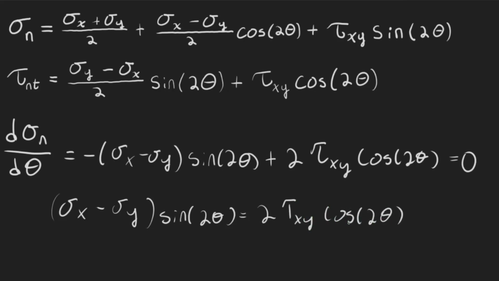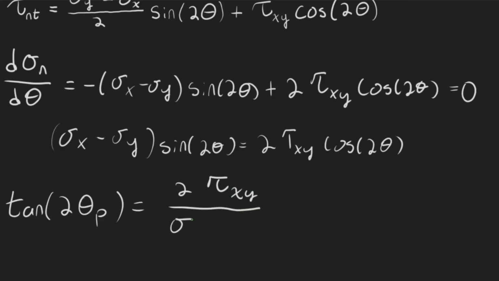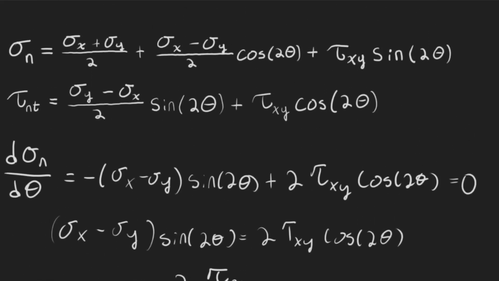Now if we divide over this cosine and divide over this sigma x minus sigma y, we get that the tangent of twice our theta, which I'm going to call theta p, for principal, because our principal stresses are what we call the maximum and minimum stresses, has to equal 2 times our shear in the xy all over sigma x minus sigma y.